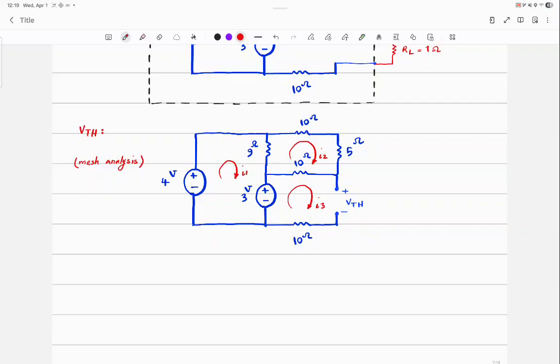What is I3? What is it? Why? Open circuit voltage is Thévenin, right? So that loop, that mesh is open actually. So I3 is 0.